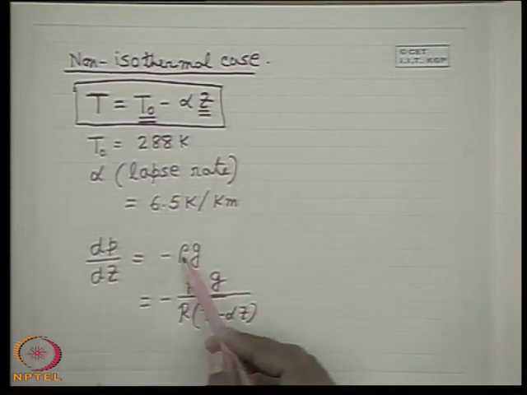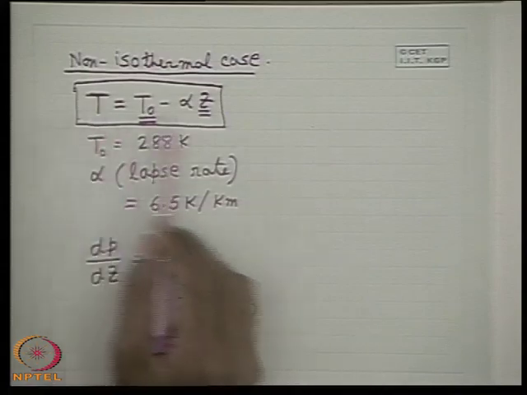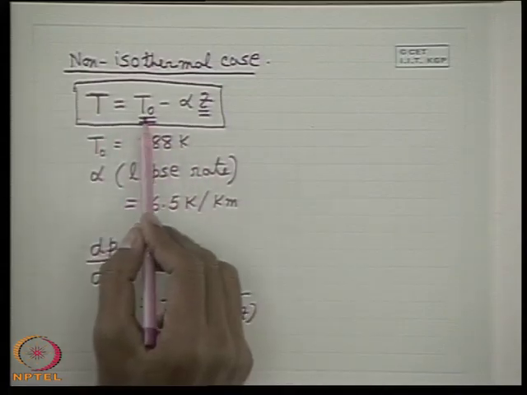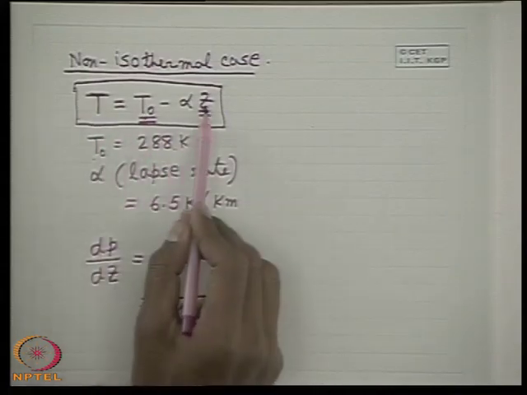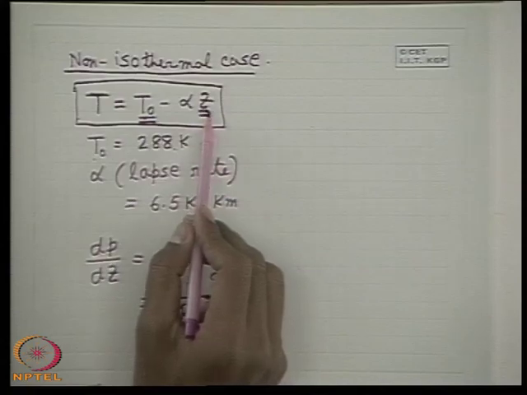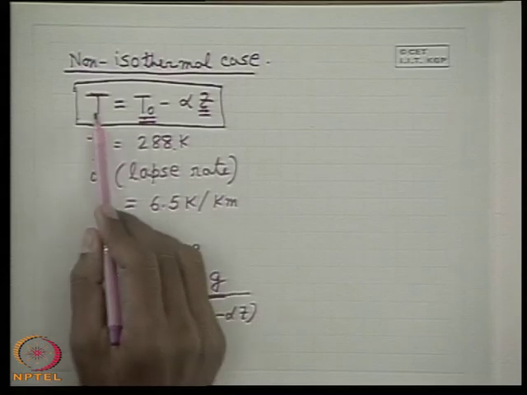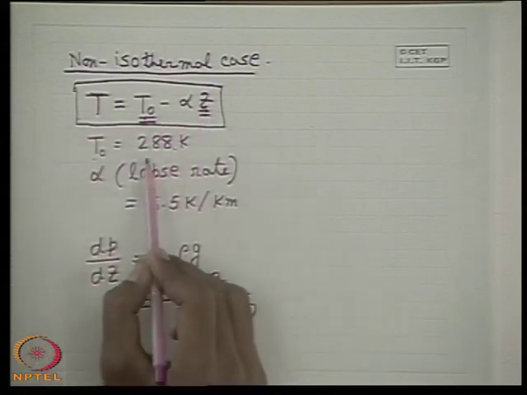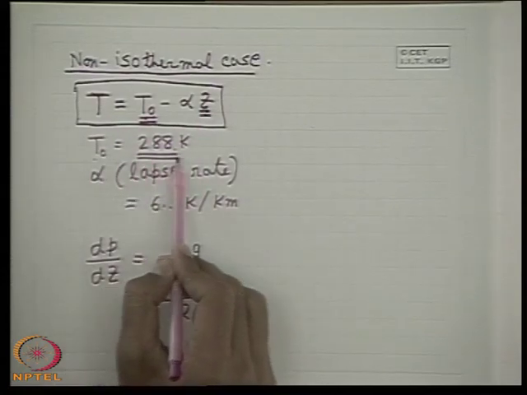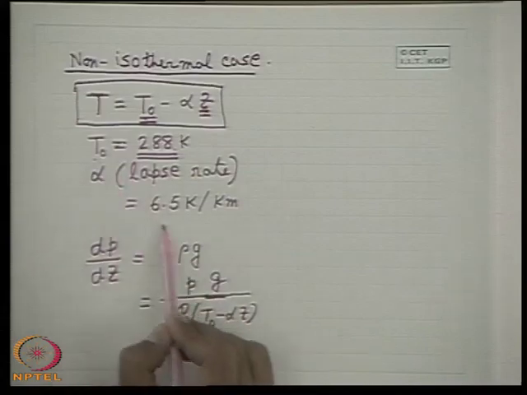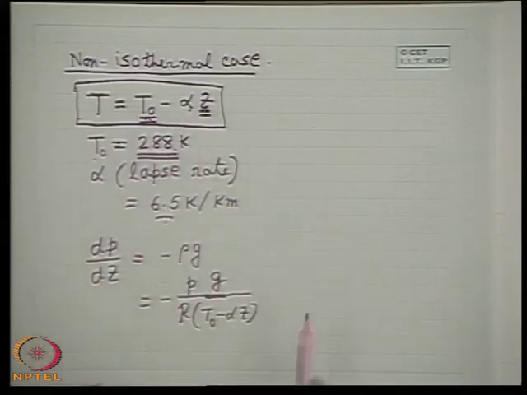That means what I have done: rho is P by RT and T is varying with z. T0 is a constant, the value when z is equal to 0, where z is measured from the earth surface at sea level, and this is the temperature at any altitude z. T0 is usually 288 Kelvin, a typical value, and alpha is this one. So T0 and alpha are constant parameters.